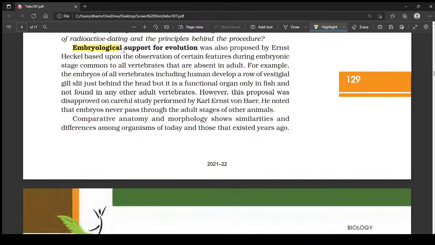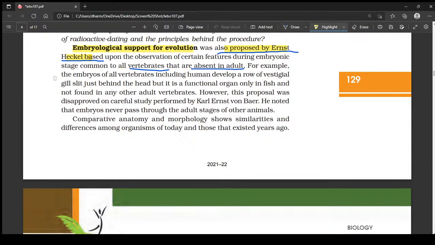Embryological support for evolution was proposed by Ernst Haeckel, upon the observation of certain features during the embryonic stage common to all vertebrates that are absent in adults.